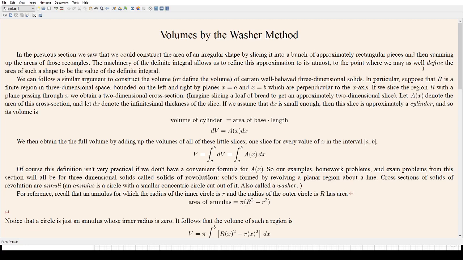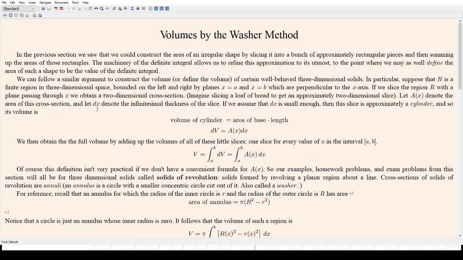And it would be a good definition because it's consistent with our earlier notion of area, right? If the region bounded by two curves ended up just being a rectangle, then our method of taking integrals would give us back the area that we would expect from ordinary geometry. So in a sense, what we've done is we have extended the classical definition of area to be more amenable to irregular shapes. But that's just a technical point.